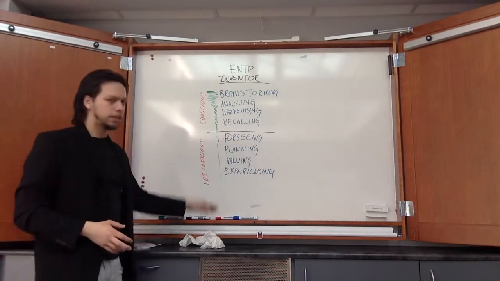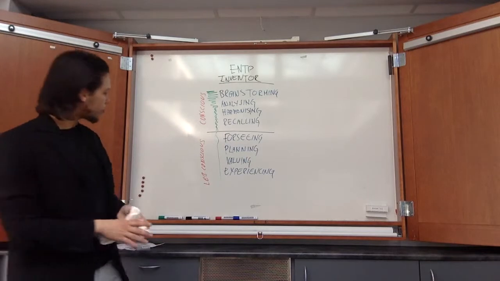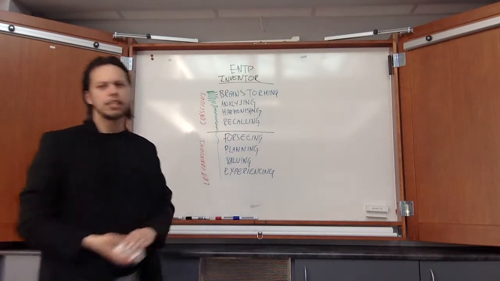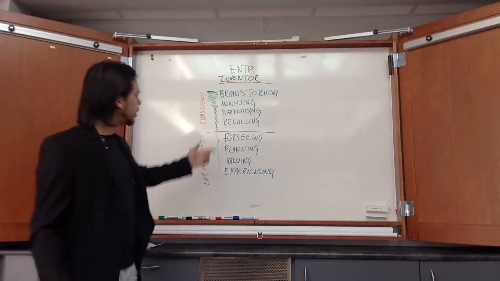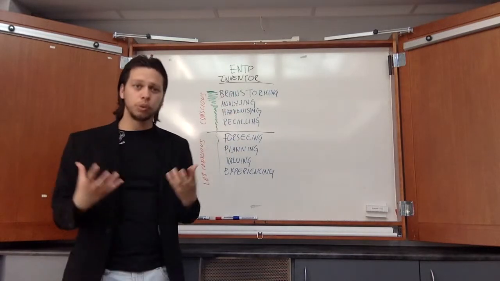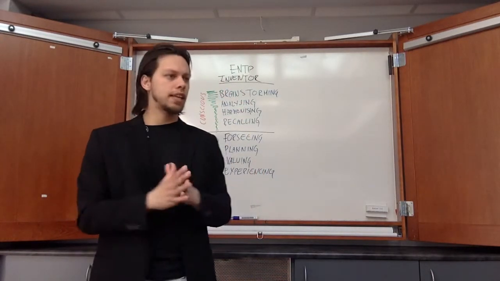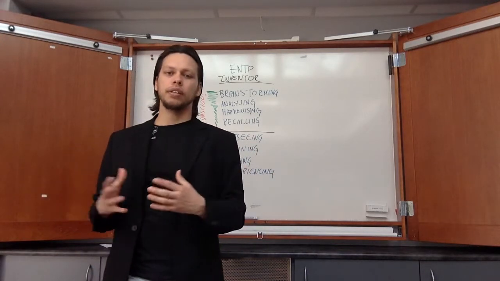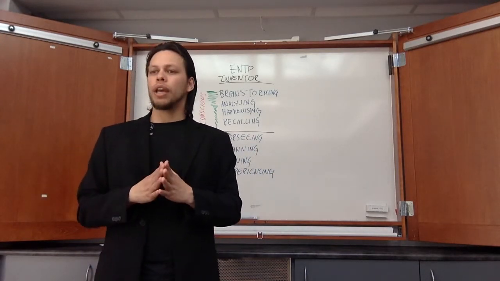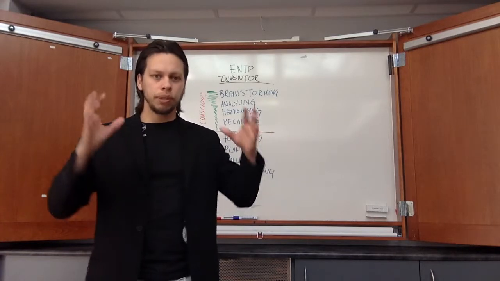And how ENTP thinks is that, when taking in information, they start with brainstorming. So they see something, let's say a place or whatever, and the Inventor is called the Inventor because they invent stuff.